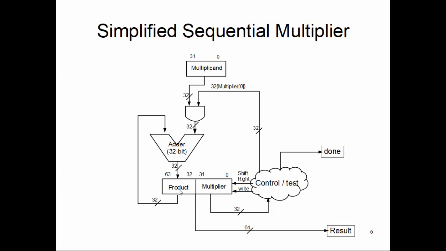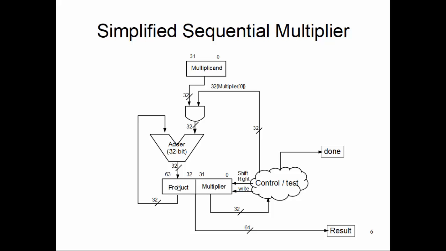These product and multiplier register combinations have a common write and a shift write. This write is basically partially writing into the product term; the multiplier is never overwritten. It's for the product side, and shift write is applied to both of them.